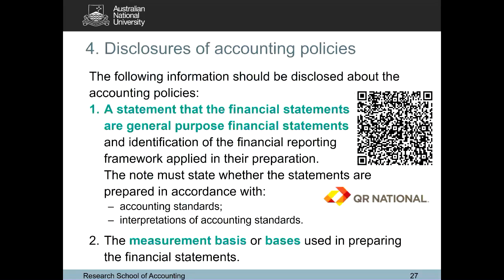Why do we care? Is this accounting policy or accounting estimate? Why do we care? First of all, we need to disclose. And more importantly, whenever we change something, we also need to disclose. And the changes in accounting policy and changes in accounting estimates have different requirements to follow. Is that clear?